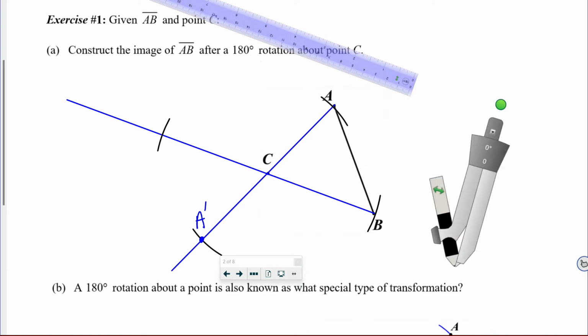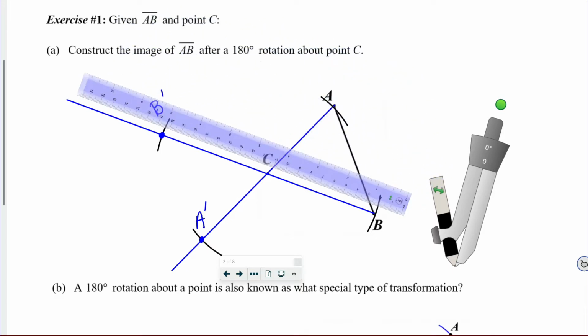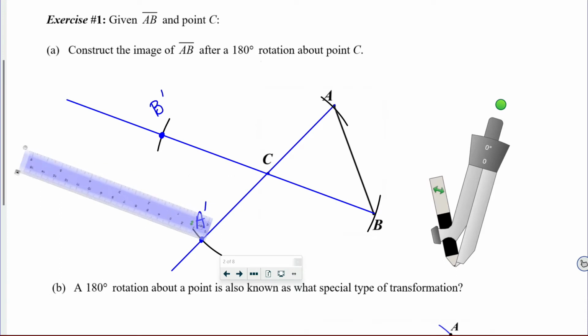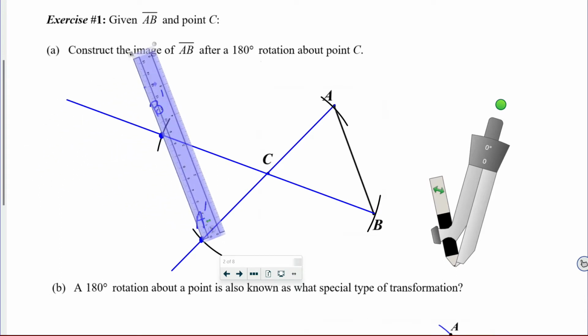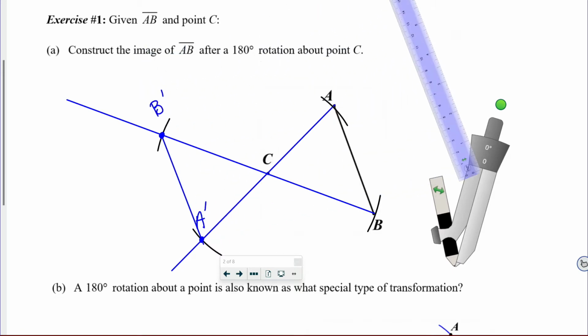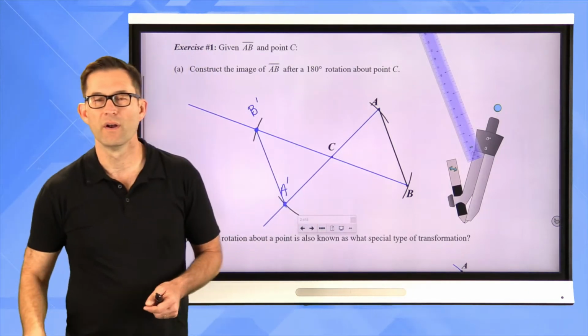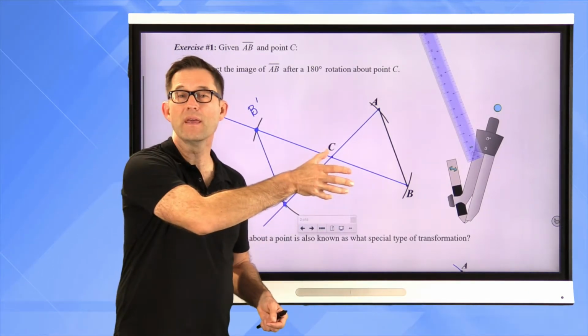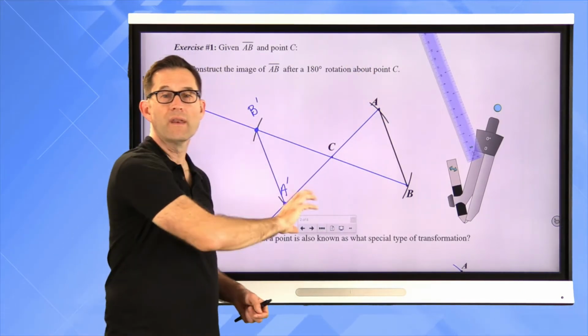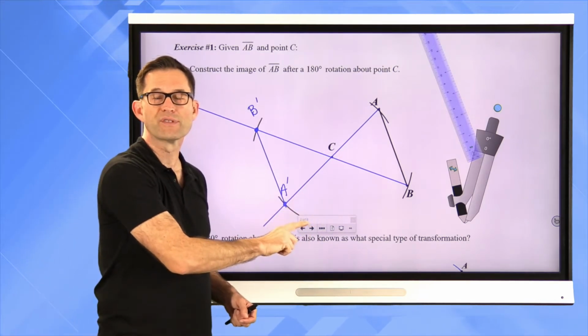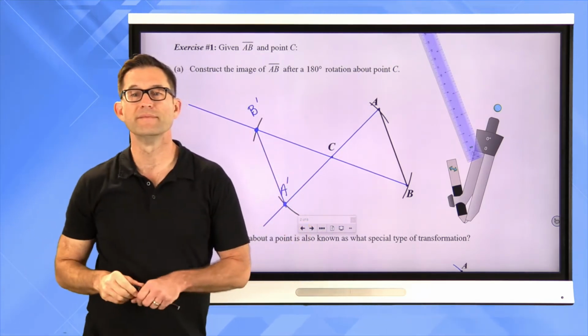And now we have the location of B prime. So now I can take my exceptionally long ruler and connect A prime and B prime to have my image segment. Look at that. Beautiful, right? I've taken segment AB and rotated it 180 degrees to segment A prime B prime.